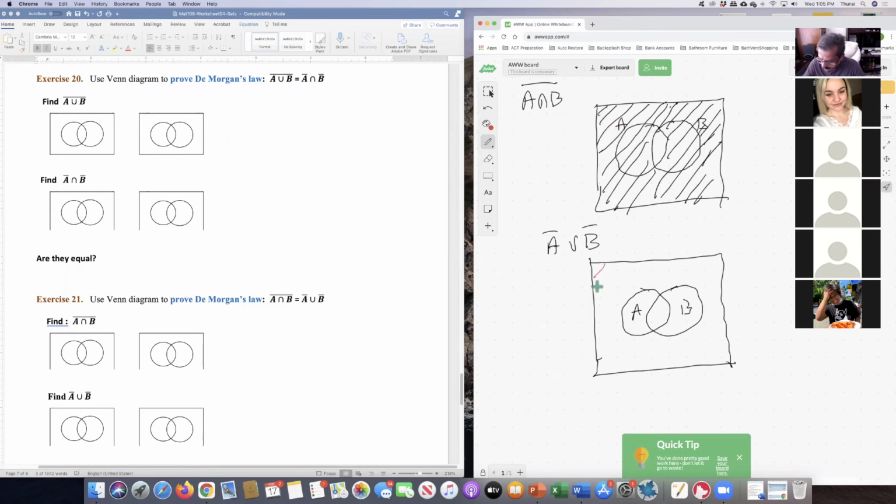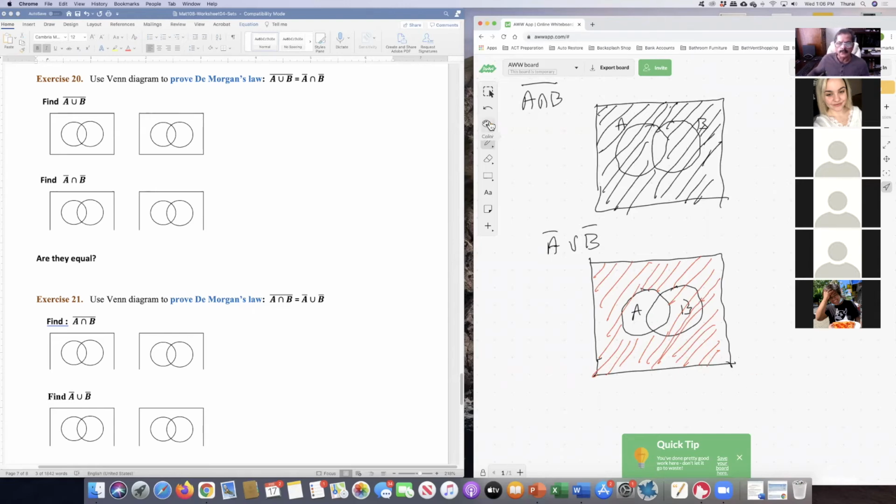I'm shading A bar in red: everything outside of A, and it's partly in B. So all that is in red is A bar, outside of A.